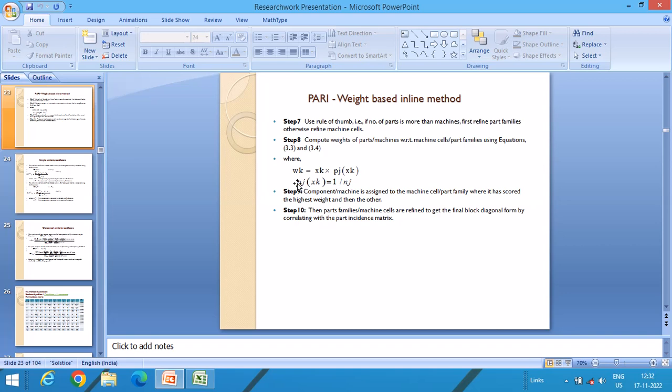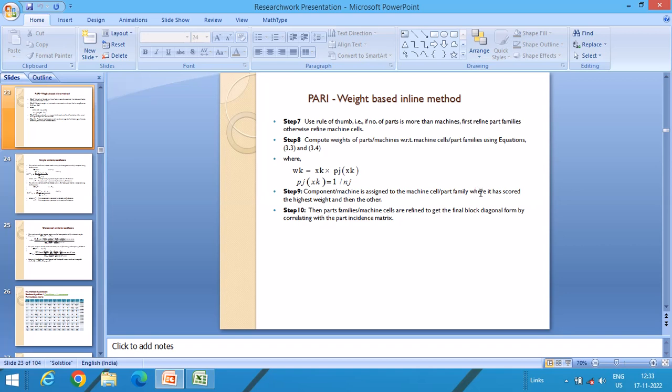In step 8 we are computing weights, that is, weight is equal to x into pj of xk, where pj of xk is equal to 1 by nj, that is, the number of operations of the particular part divided by the total number of operations. In step 9 we are assigning the particular component to the particular machine cell as well as the particular machine to the particular family.